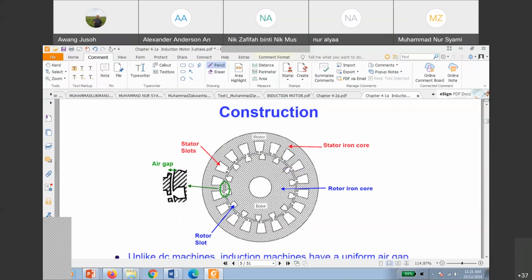That's why the rotor structure is very strong. We didn't put wire here. We put the bar, the conductor bar, inside the rotor iron slot. And it is made from slices of material in order to reduce the impact of eddy current.